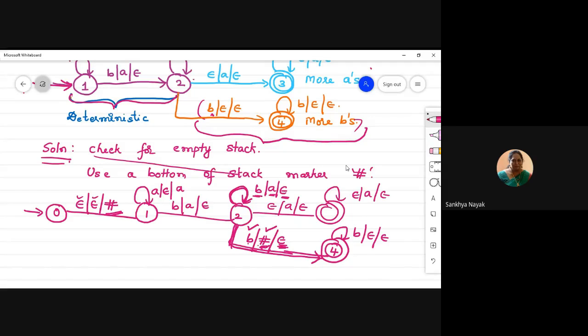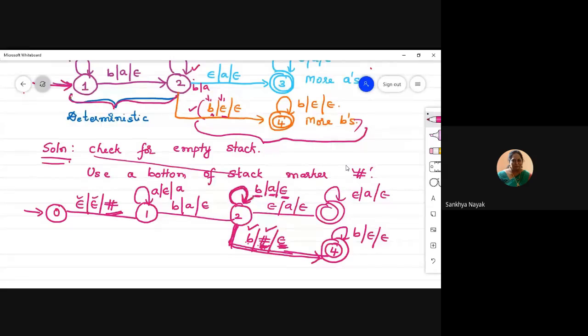In this case, if you had B, you would take this path also and this path also. But now what you are doing is forcing this. Why were you taking two paths? Here B on A and here B on anything. But anything is removed and forced as hash. So now if the stack is empty, you will not take this path.